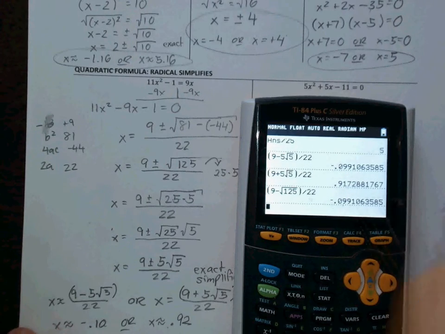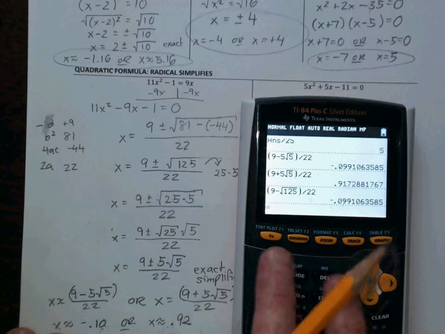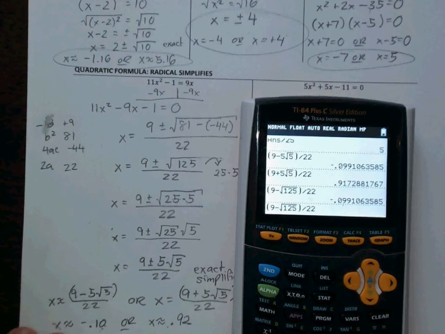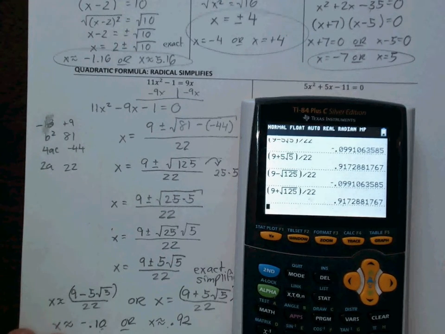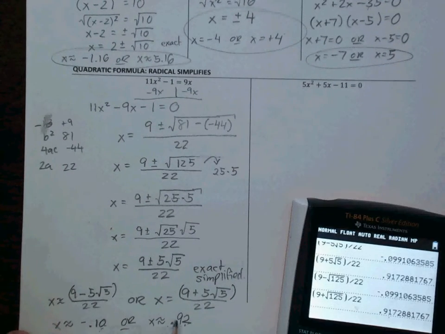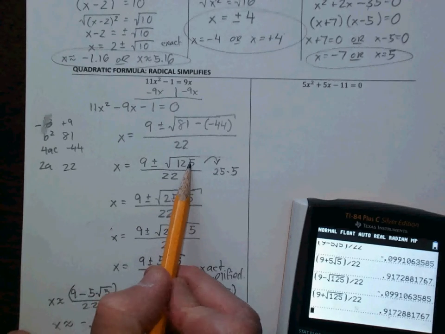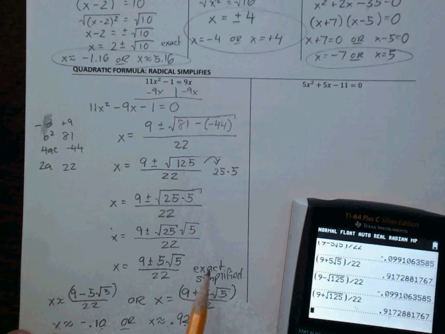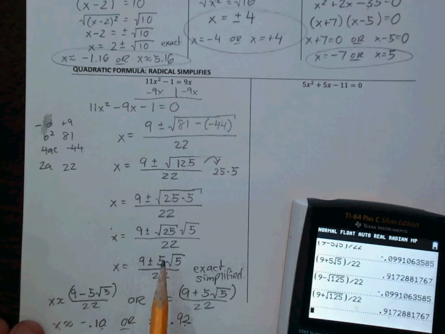And you should see I got exactly what I got here, and if I did 9 plus the square root of 125 divided by 22, that got me this. So if all I need is the decimal equivalent, I don't need to simplify the square root. But if I want the exact simplified form, which you may see in Algebra 2, that's this work.